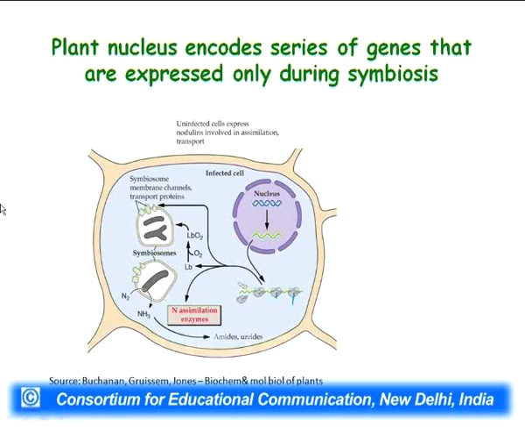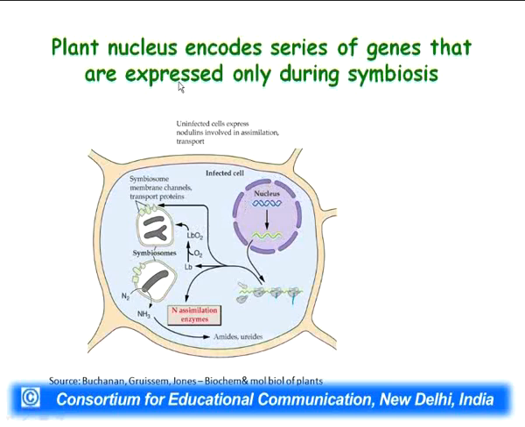This is a picture of a plant cell, and this plant cell is now hosting symbiosomes. When this symbiosis takes place, there are a lot of new genes which are expressed by bacteria as well as by the host nucleus.